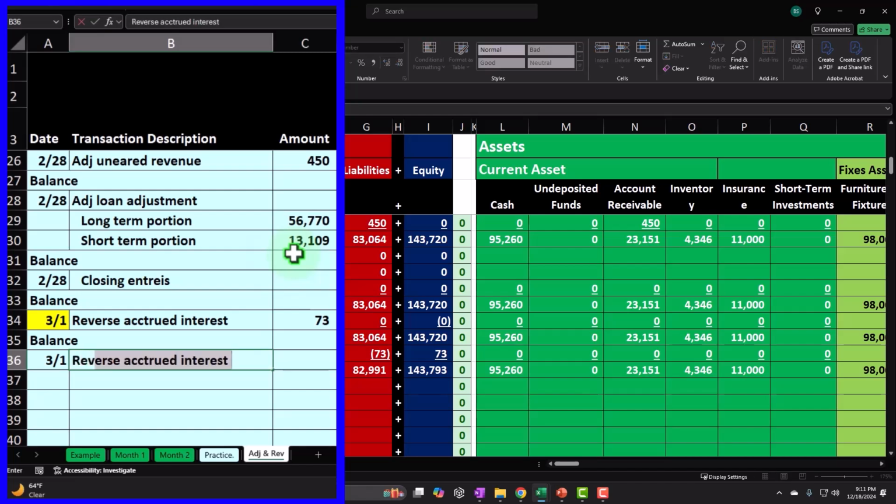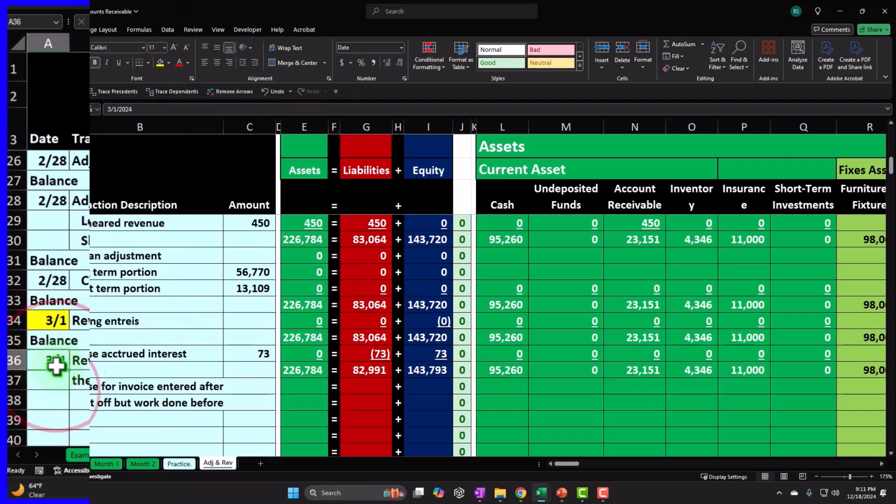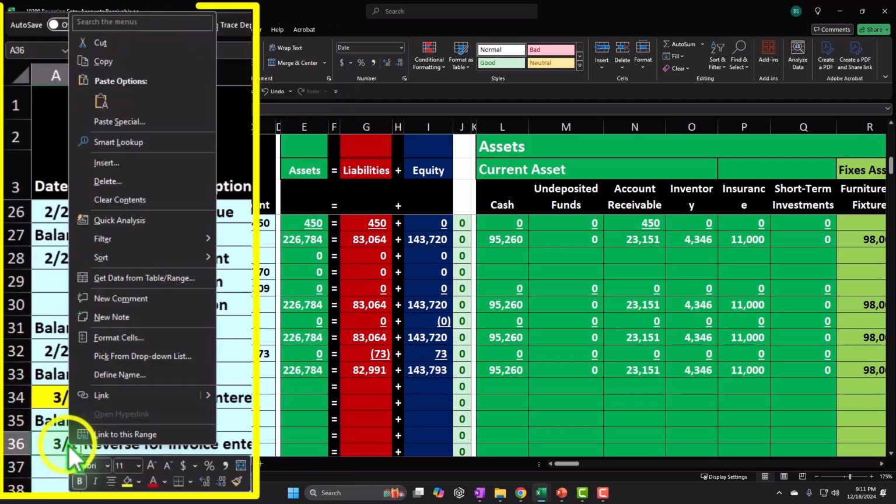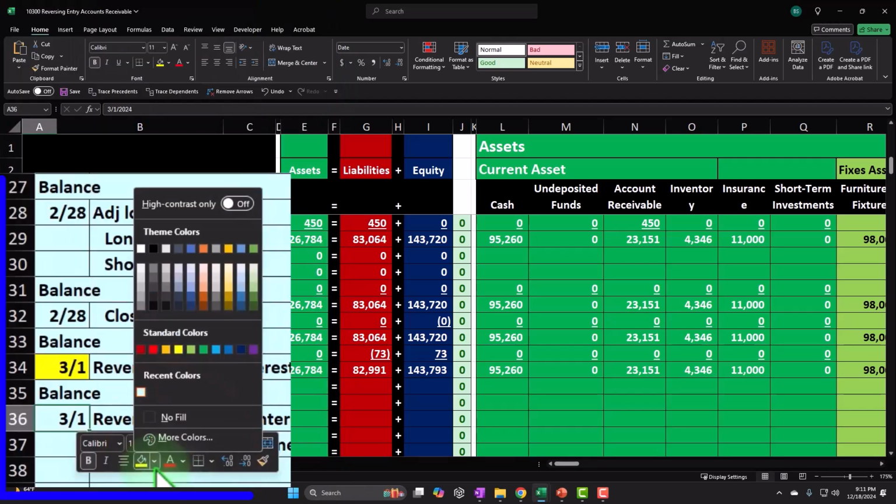We're going to reverse the adjusting entry for invoice entered after the cutoff, but work done before. So again, the scenario is the invoice was entered in March, but the work was done in February. Therefore, we have a timing problem in terms of when the revenue is recorded.